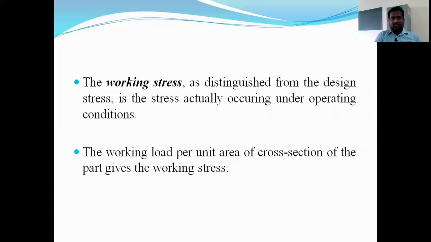Okay, so design stress is distinguished from the working stress. The working stress, as distinguished from the design stress, is the stress actually occurring under operating conditions.